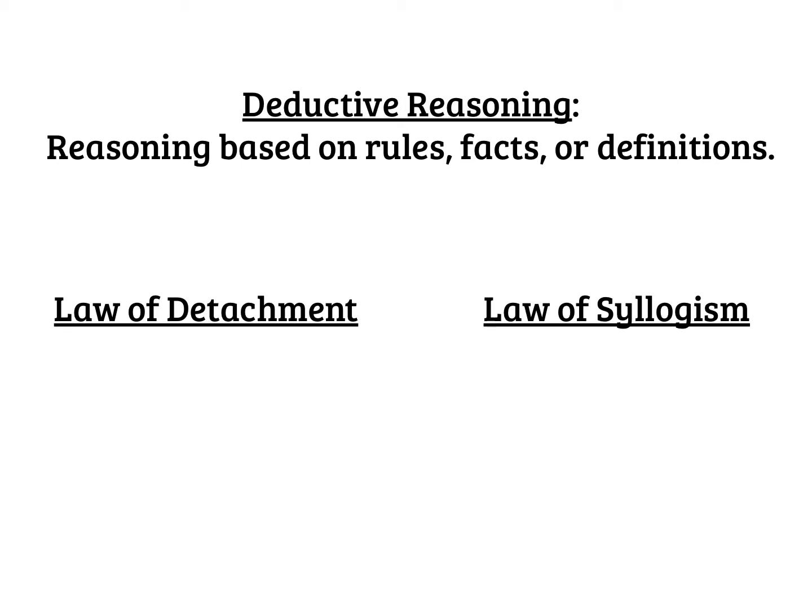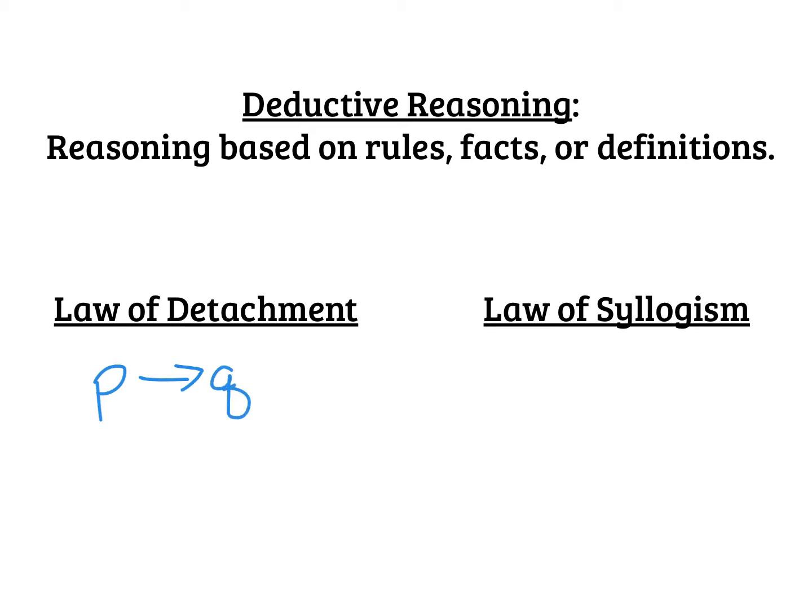So the two rules that we're going to be using are the law of detachment and the law of syllogism. I'll go over the rules in a little bit for both, but the symbol representation for detachment says if P implies Q is given and P is true, then Q is true.